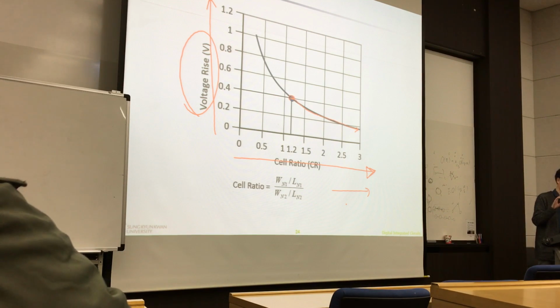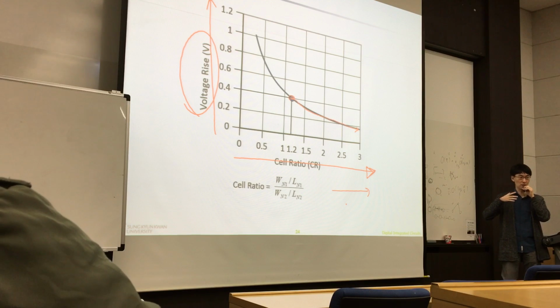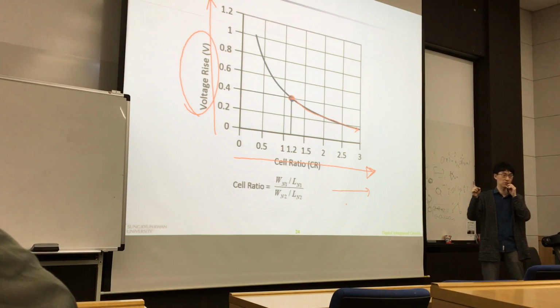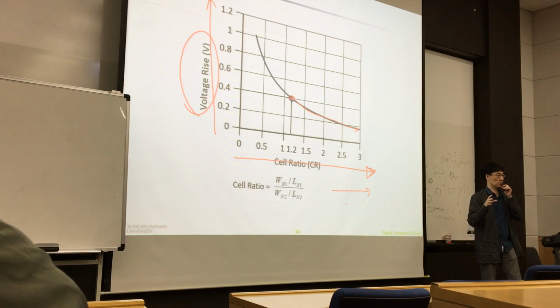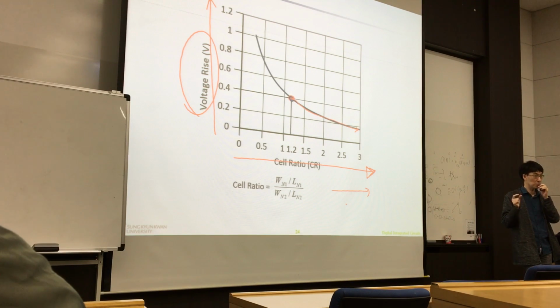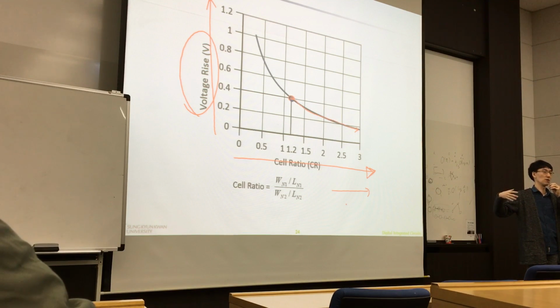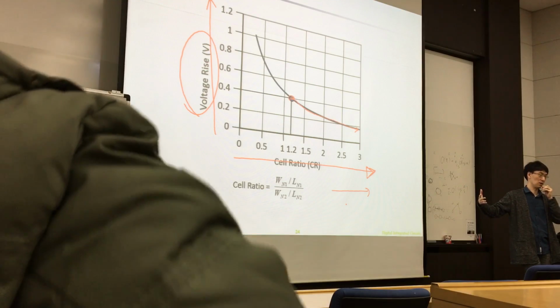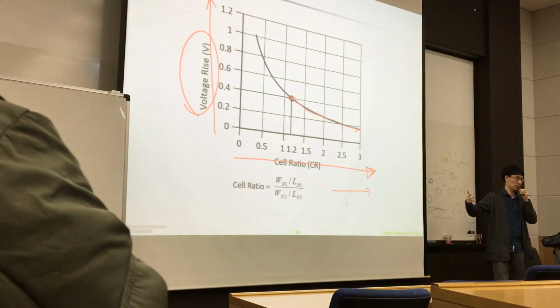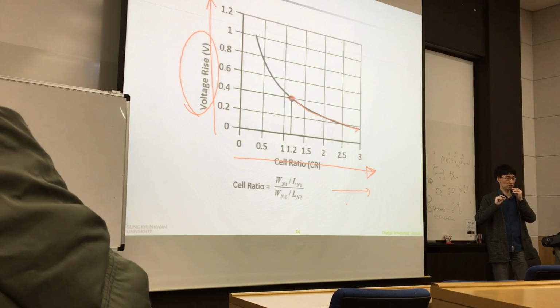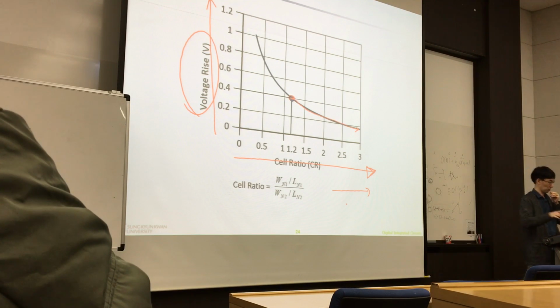In other words, because both of those are NMOS transistors, you can set your access transistor as a minimum size transistor, and you can set your pull-down transistor as a non-minimum or wide transistor. But as you make it wider and wider, you're increasing your cell area. So you can't just keep making it wider.